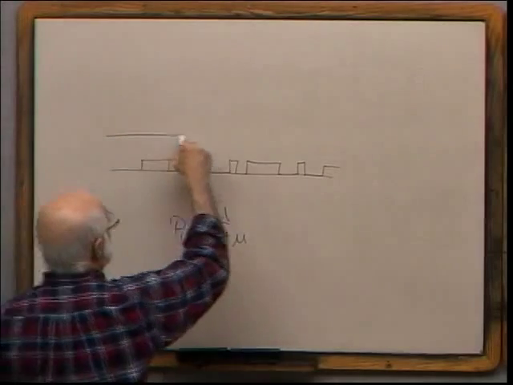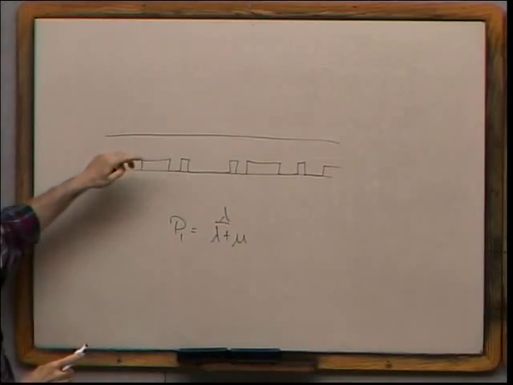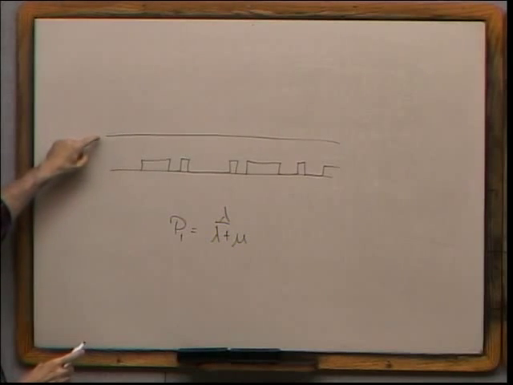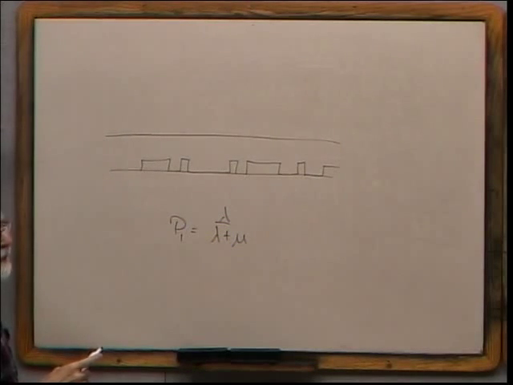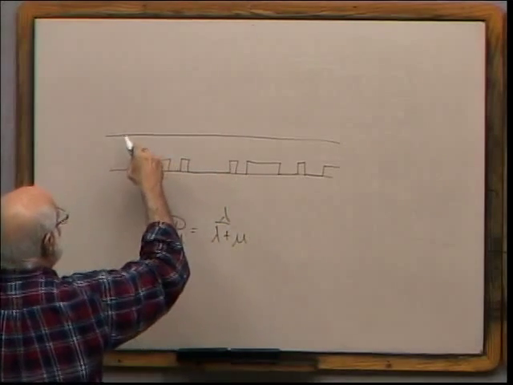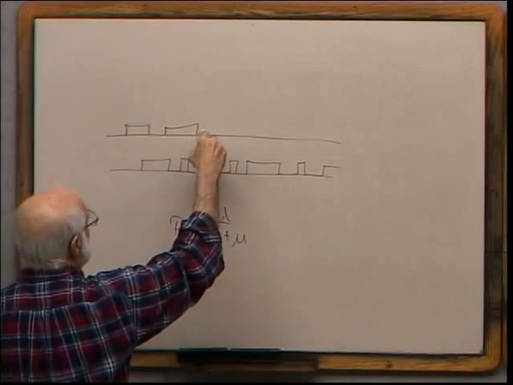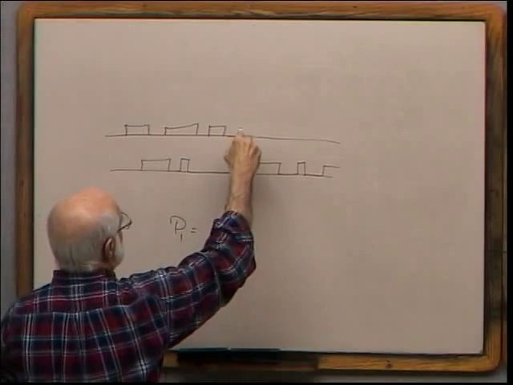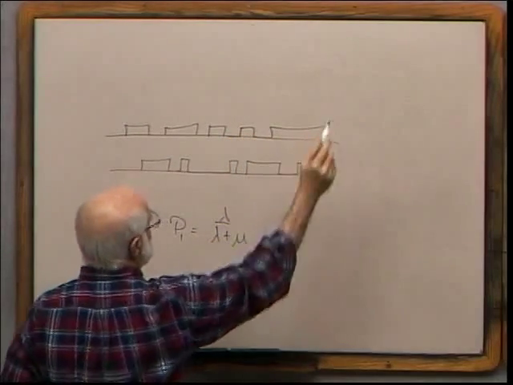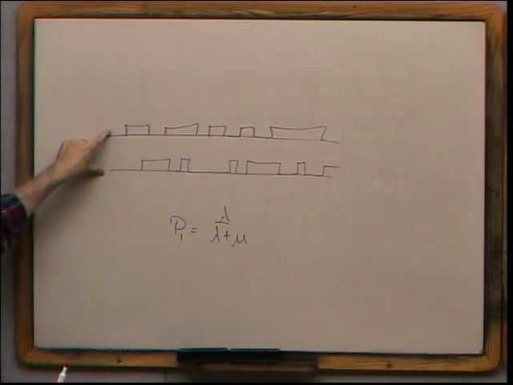Now, system number 2 is also in equilibrium, so therefore it's an infinite distance in theory away from its last initial condition. So you're going to see a picture that looks about the same but is not correlated with it, like that. So these two systems are statistically or stochastically identical, but they represent different realizations of the same process.